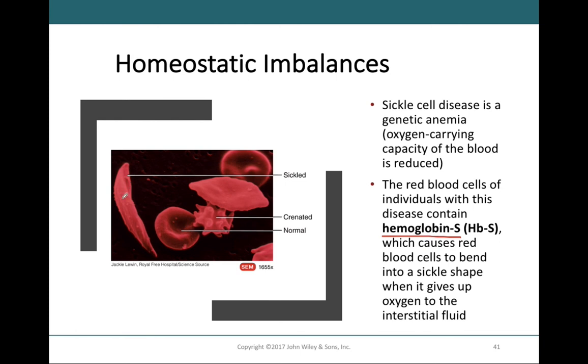These blood cells last much less than the 120 days red blood cells are supposed to exist for. While sickle cell disease is a very serious condition, it can actually confer a bit of resistance to the parasite that causes malaria. I'll go ahead and write this to indicate that that is a very high yield statement.